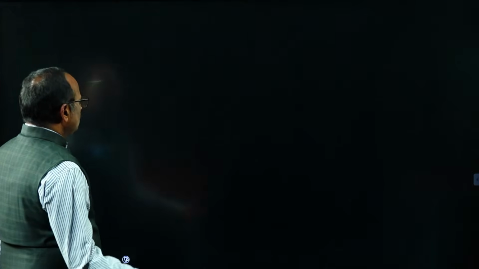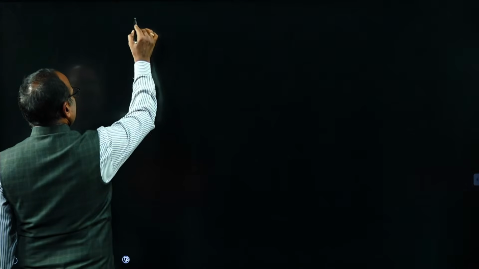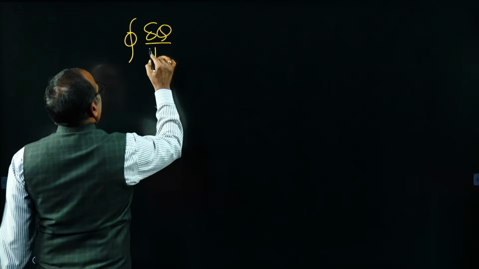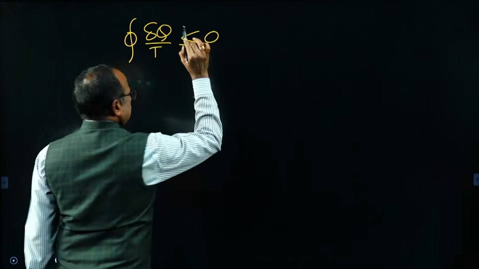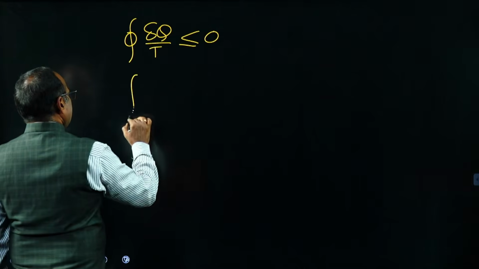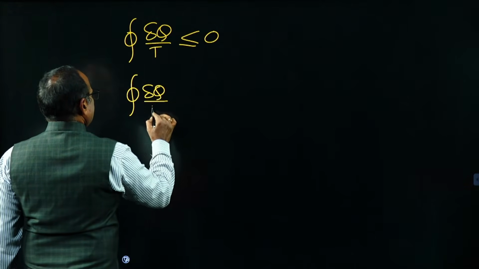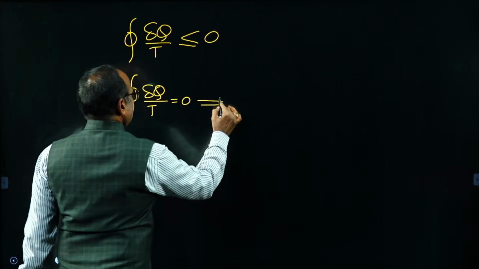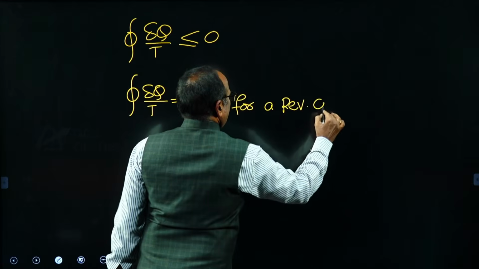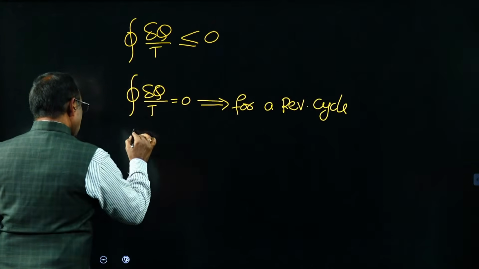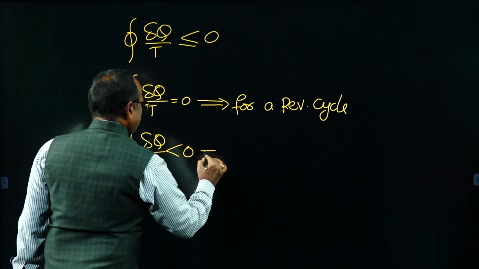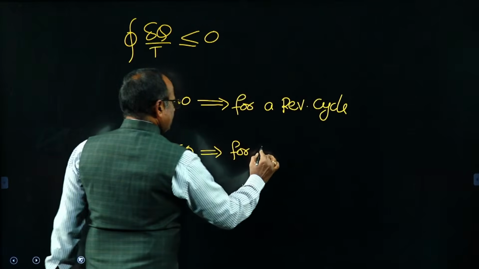Then according to the Clausius inequality equation, the cyclic integral of del q by T is always less than or equal to 0. This is the Clausius inequality equation. The cyclic integral of del q by T equals 0 for a reversible cycle, and is less than 0 for an irreversible cycle.